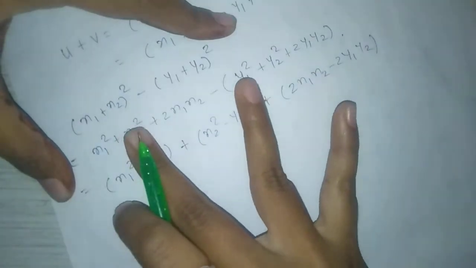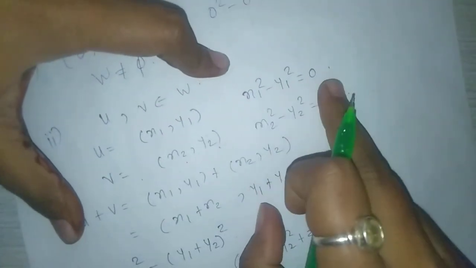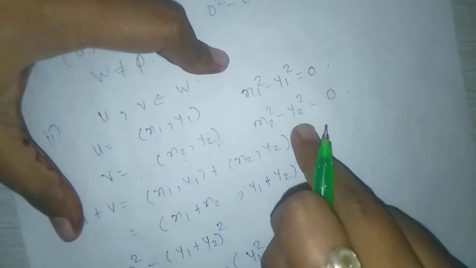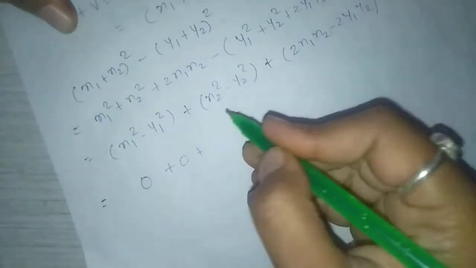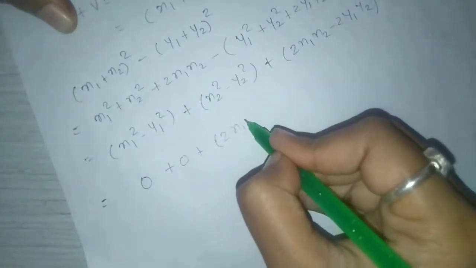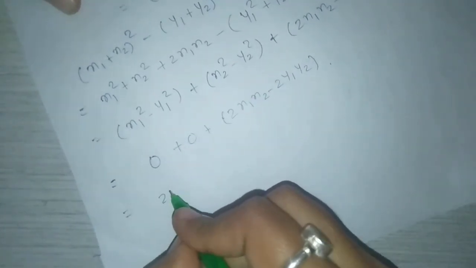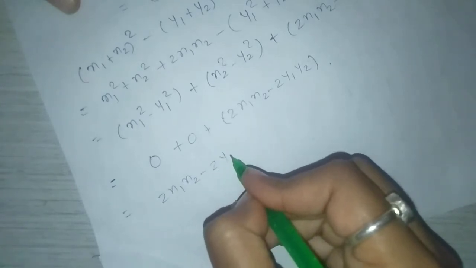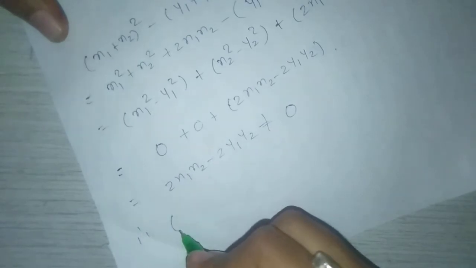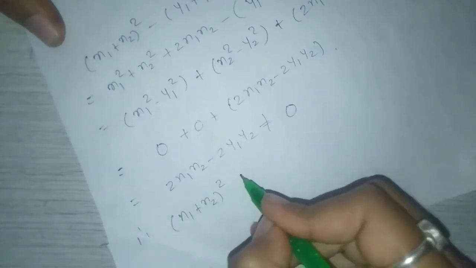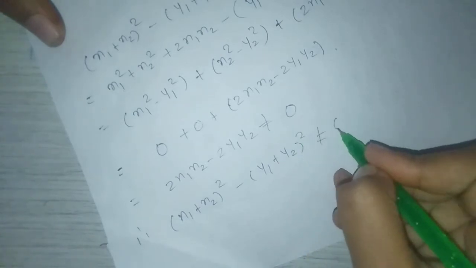Here we arranged the terms: x1 square minus y1 square equal to 0, x2 square minus y2 square equal to 0, 0 plus 0 plus 2 x1 x2 minus 2 y1 y2 as it is, which is not equal to 0. Therefore, (x1 plus x2) square minus (y1 plus y2) square is not equal to 0.